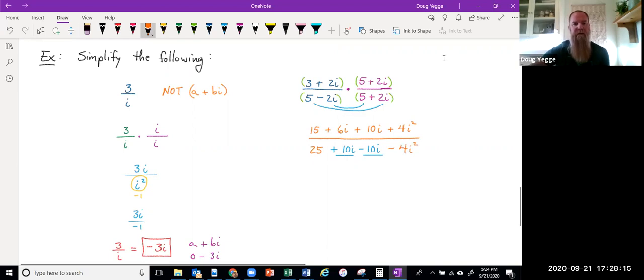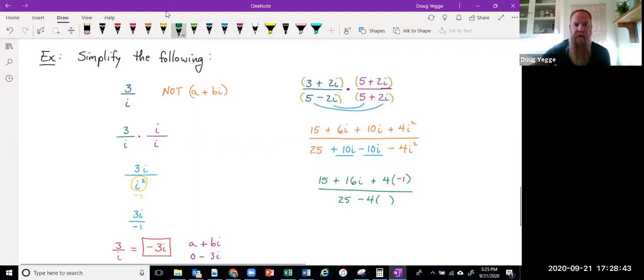And so now we're ready to simplify the numerator, which becomes 15 plus 16i plus, but now remember, i squared is -1. So we need to rewrite i squared as -1. And the same thing happens on the bottom, where we have 25 minus 4 times i squared.